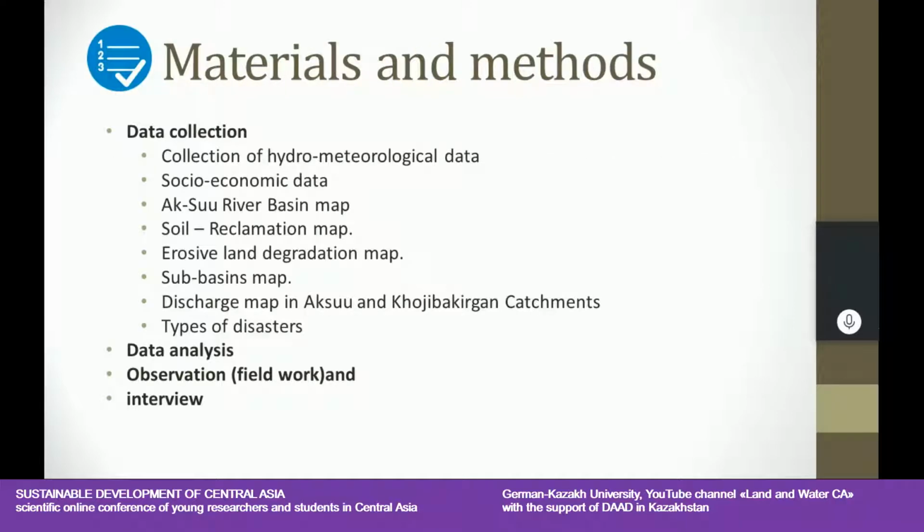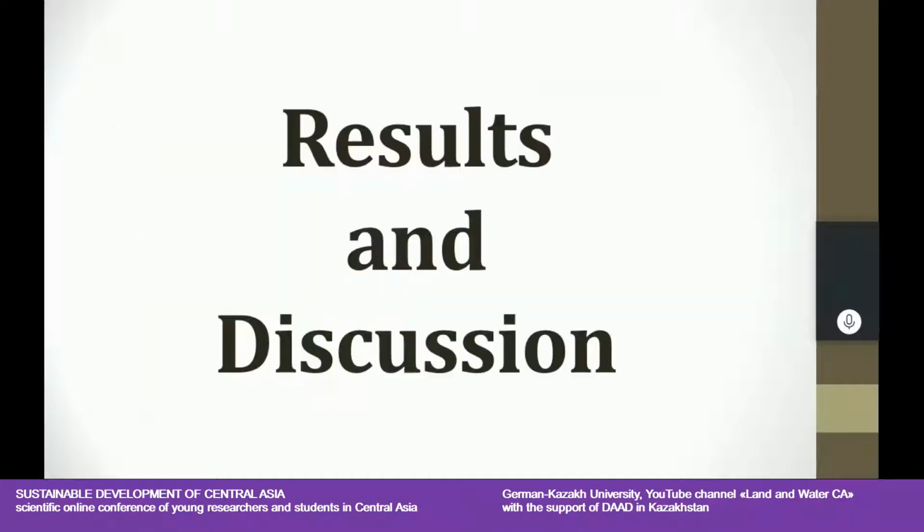So coming to materials and methods, I can say that there was data collection and data analysis, observation as field work, and interviews. In data collection, I had chosen hydrometeorological data, socioeconomic data, some maps, and types of disasters.